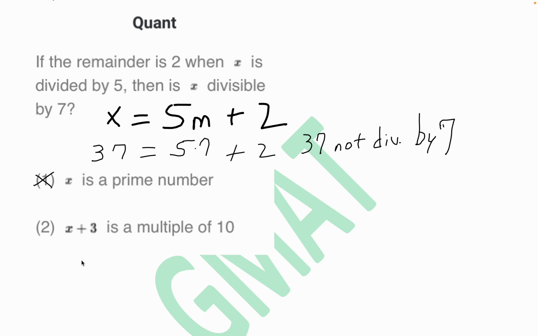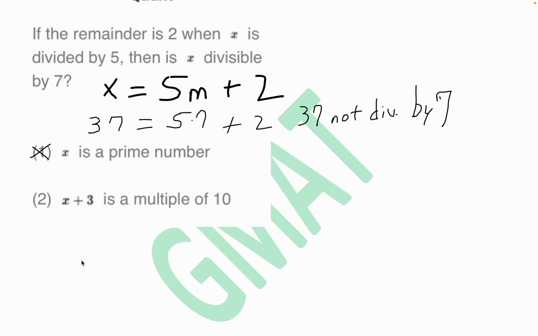Now let's take a look at this statement right here. X plus 3 is a multiple of 10. Now that's where this result right here comes in quite handy. If you add 3 to both sides right here, you get x plus 3 is equal to 5m plus 5. Okay, but notice, and this is where that arcane practice of factoring actually comes in handy.